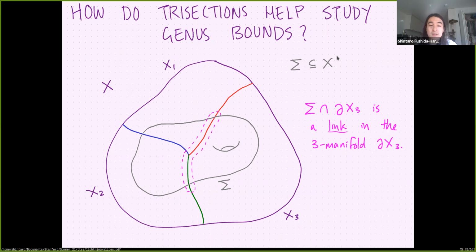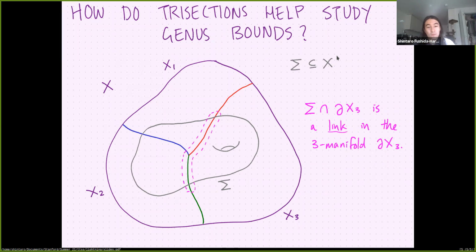Similarly, sigma is some embedded surface, and it turns out that if sigma is in a normal form, then it's also determined entirely by its intersection with the spine. If we intersect sigma with the three-dimensional part of the trisection, that gives us links.